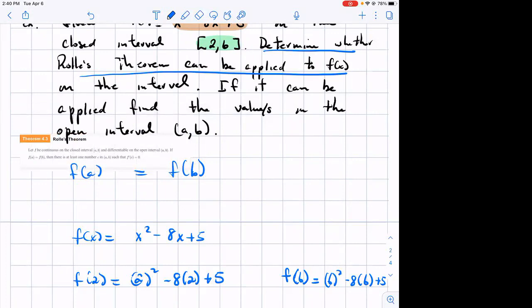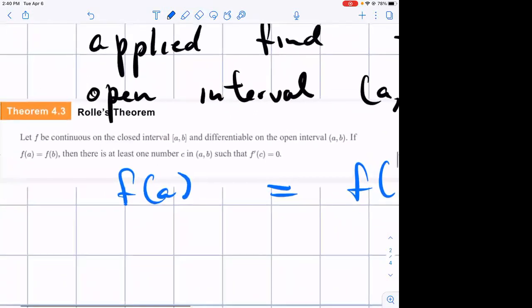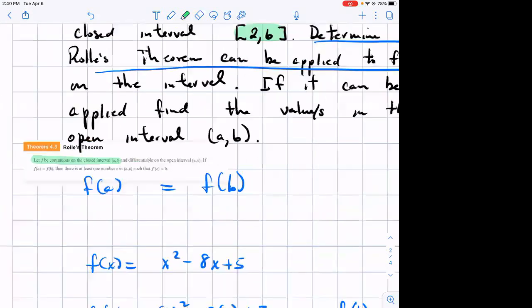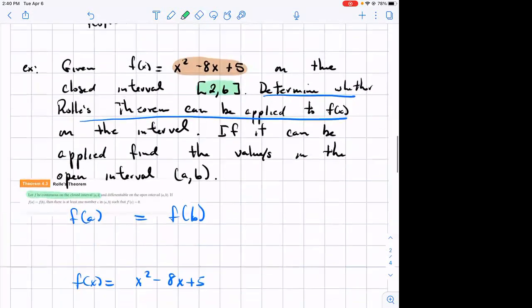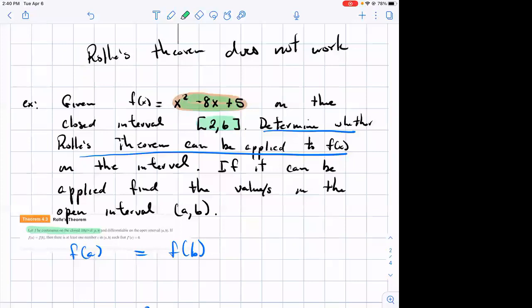Right, I want to see if the condition here can be applied. So the first thing we do is, is f continuous on a closed interval, yes or no? So we go to the function and we look at the function here. Is this function continuous?